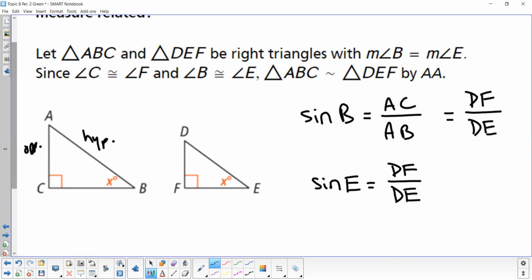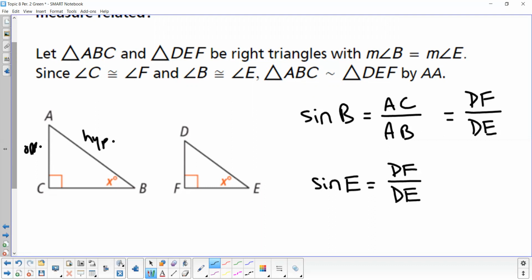The most important thing is once we start actually solving for missing angles and missing sides. This is some background to show you that sine of the same angle measurement always gives us the same thing.